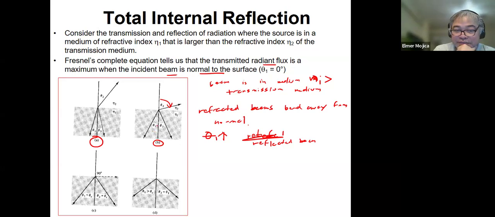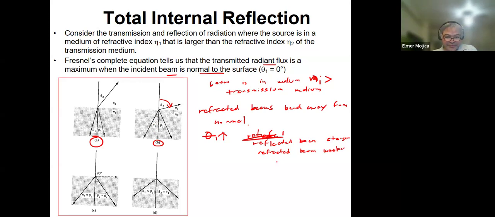So as the angle of incidence goes up, your reflected beam grows stronger. And what happened to your refracted beam? This is stronger, and this one becomes weaker.